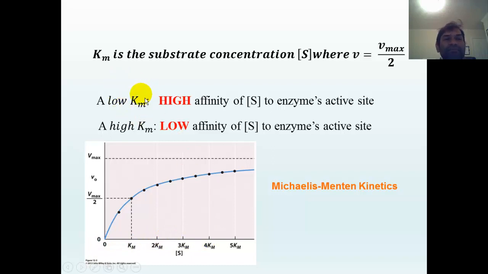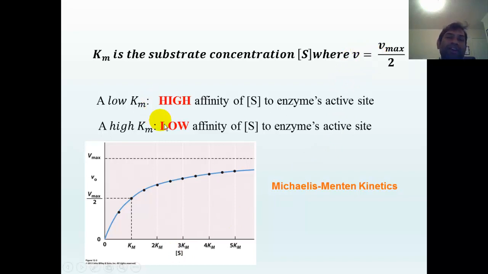We're going to define something called Km, the Michaelis constant, and that is the substrate concentration where V is equal to Vmax over 2. So let's get that into our heads now. Let's concretize and solidify this very important parameter, Km, standing for the Michaelis constant. It is actually a substrate concentration. It is a substrate concentration where V is equal to Vmax over 2.